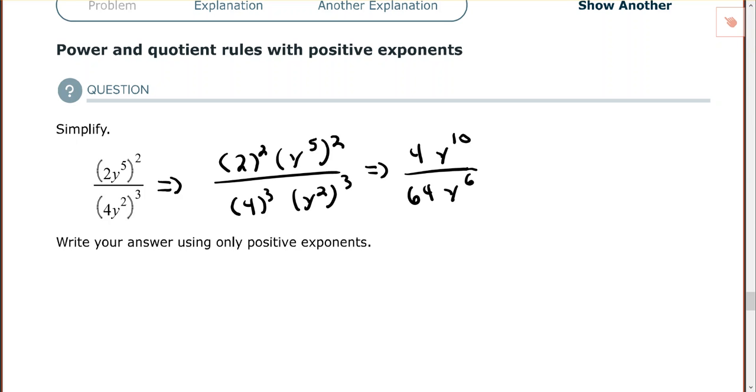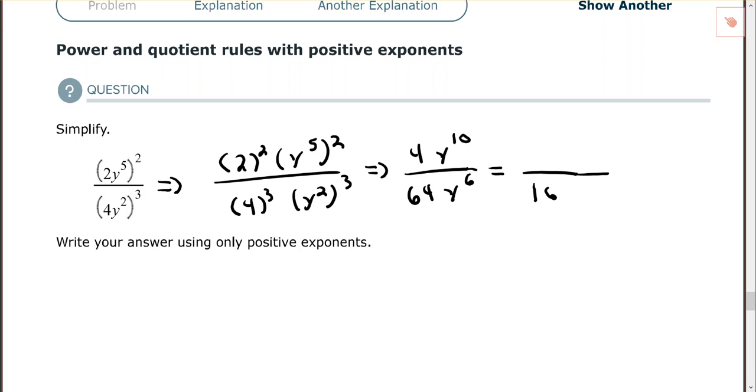So 4 over 64, I know I can simplify that because it has a common factor of 4. 4 goes into 4 one time, 4 goes into 64 16 times. So I have 16 in my denominator here.